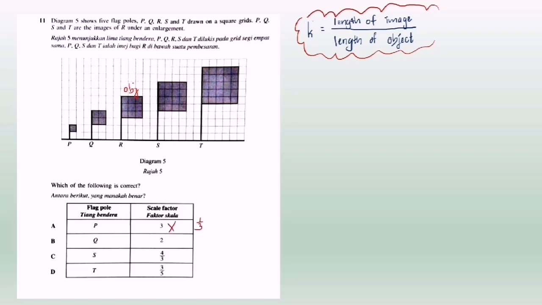For Q, length of image is 2, length of object is 3, so 2 over 3. For the last option, the length of image is 4 and length of object is 3, so it's 4 over 3. So the answer is C.